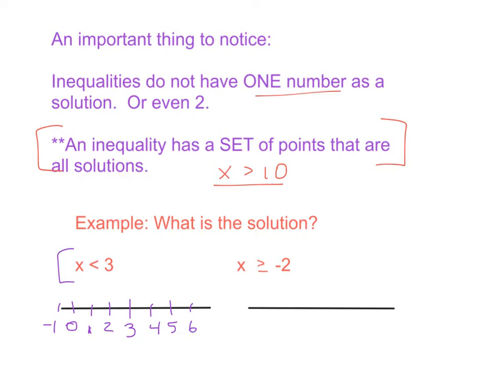But here's the thing. We can't just say the solutions are 2, 1, 0, -1, because anything that's in between those values will also be solutions. For example, isn't right here 1.5 a solution to x is less than 3? So what we have to do is shade on the number line any value that is less than 3.